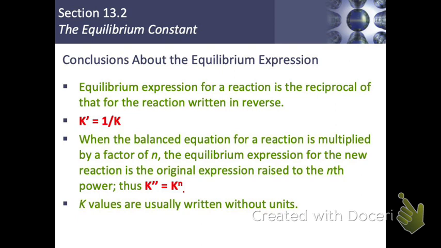So our K double prime was equal to K to the n power. We found K of the reverse reaction, and we found K of half that value. However we manipulate our reaction, that's how we manipulate K also. And we already said K is often written without units. That's just another thing to remember.